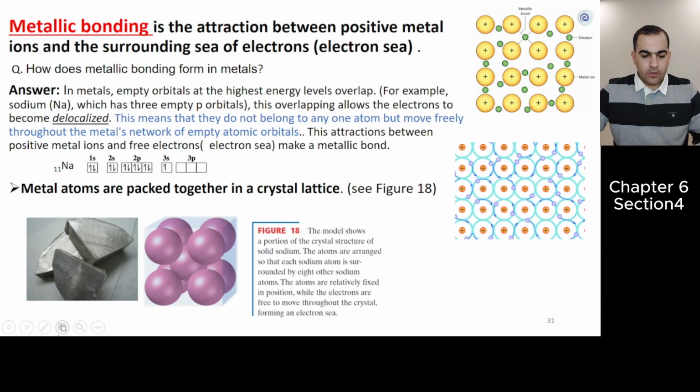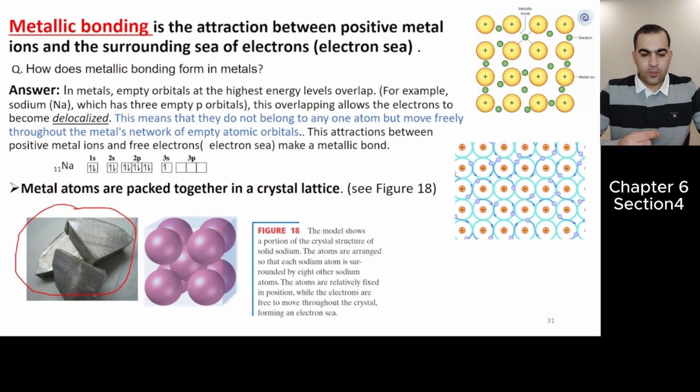Guys, if you look at this piece of sodium, this is sodium, and you might ask what bond is between atoms of sodium metal. The bond between sodium metal atoms is metallic bonding.